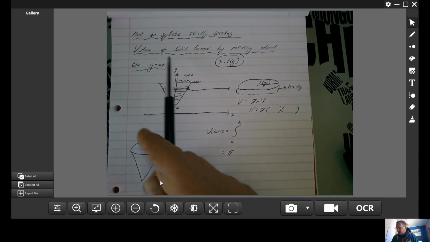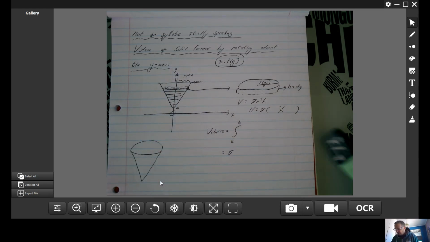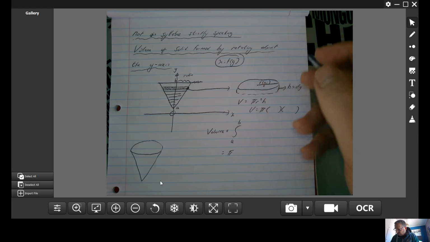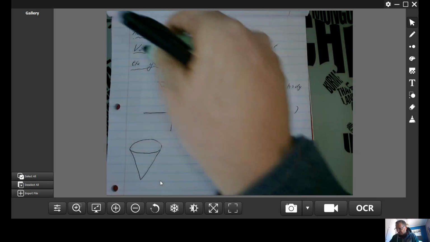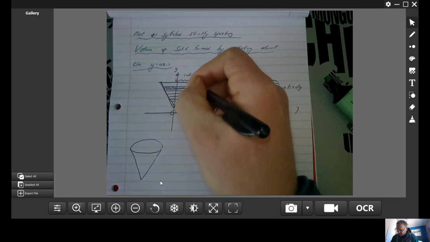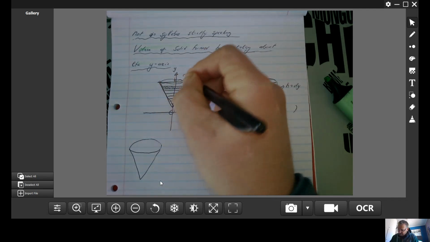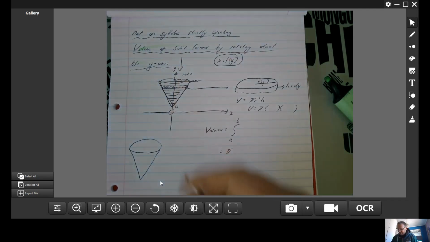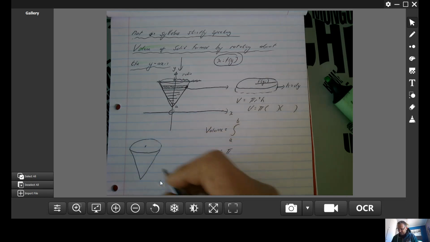But there's no reason why a volume of solid of revolution couldn't be formed by rotating about the y-axis. So now, if you can imagine your solid, to see the solid you'd have to stand above and look down on it, and there would be each disk.